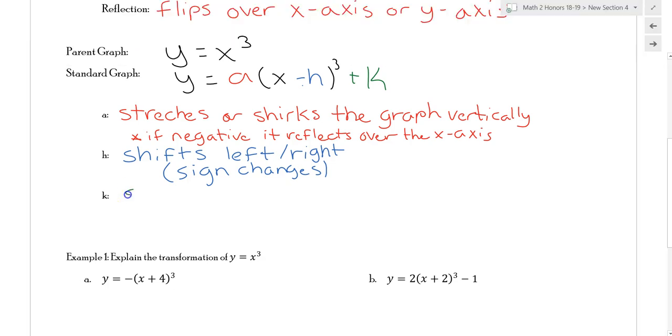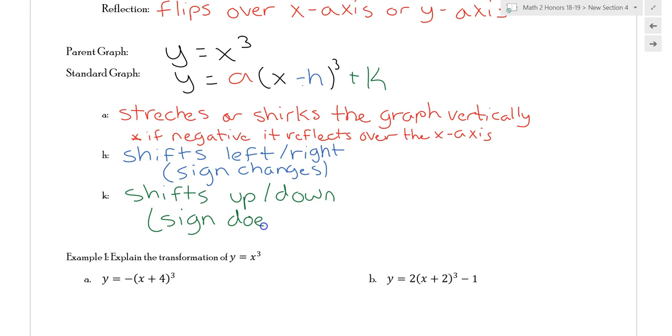And then k shifts up and down. The sign doesn't change. So these are two different things, right? This one the sign changes, this one it doesn't. That's something to be very careful of. And again, it comes from the standard form where we're subtracting this one but adding that one.